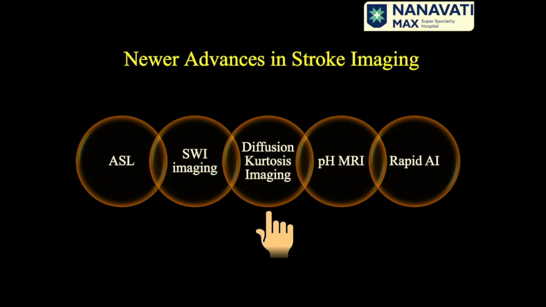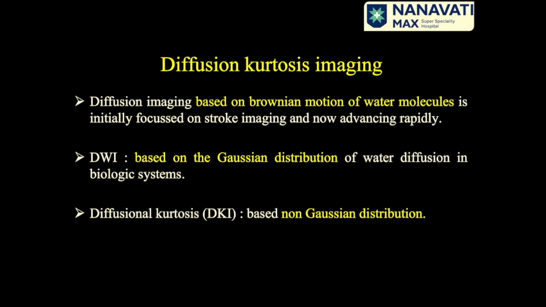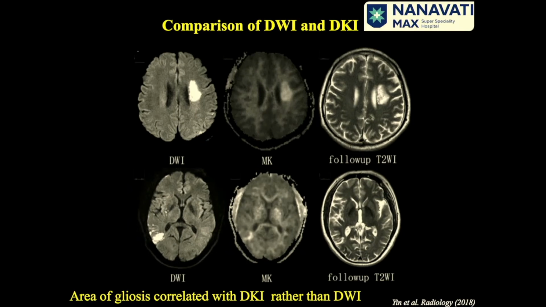Diffusion kurtosis imaging is a better invention compared to the standard diffusion imaging. Standard diffusion uses what is called a Gaussian distribution of water diffusion. Diffusion kurtosis looks at non-Gaussian distribution of stroke abnormality. And here is an example. This is again borrowed.